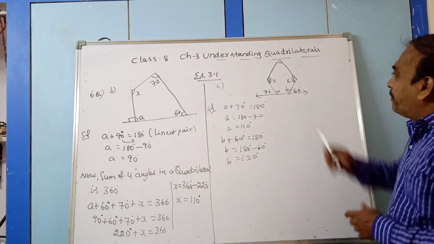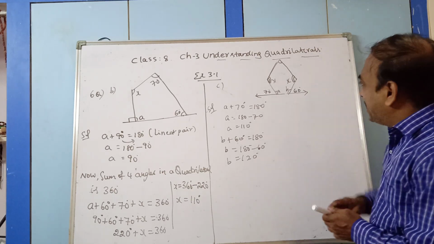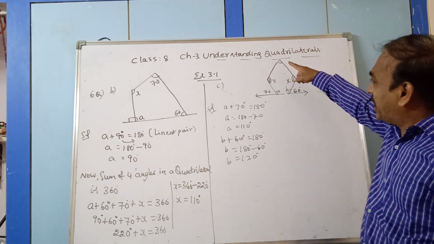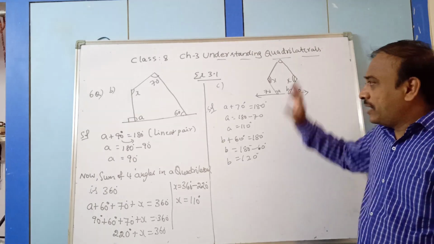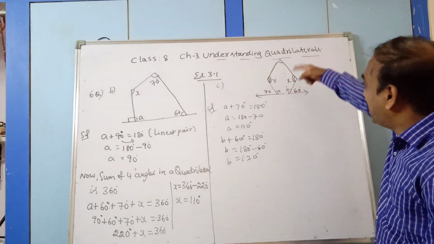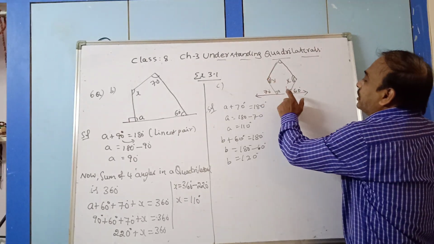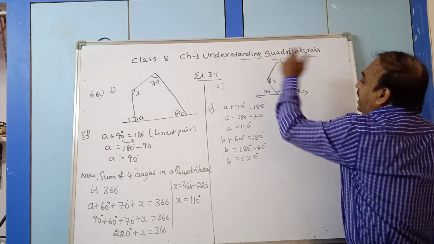Now by the angle sum property, is it a quadrilateral or a pentagon? I think before I said it is a quadrilateral, but it is a 5-sided figure: 1, 2, 3, 4, 5.